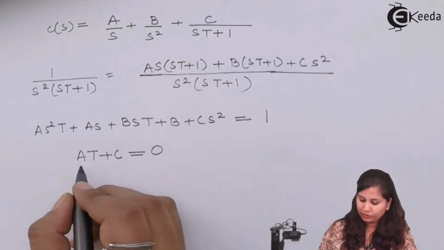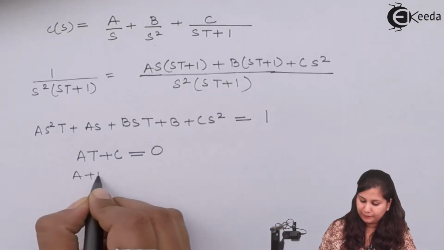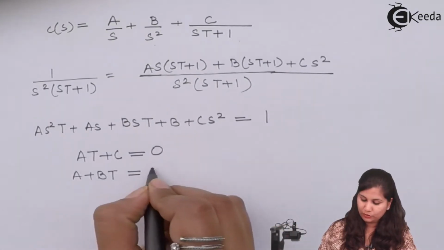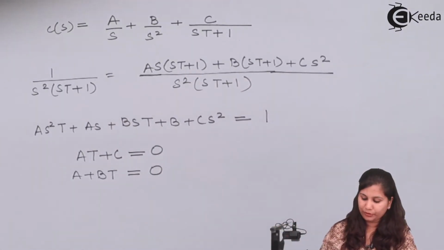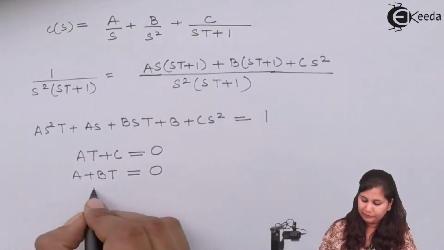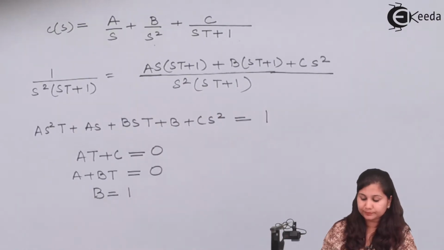The s coefficient on the left hand side is A plus BT, and on the right hand side no coefficient is present, so we equate it to 0. The constant term we have is B, so B will be equal to 1.